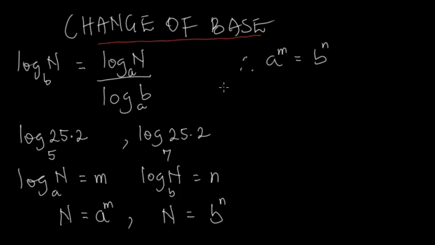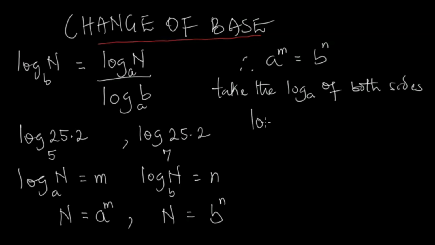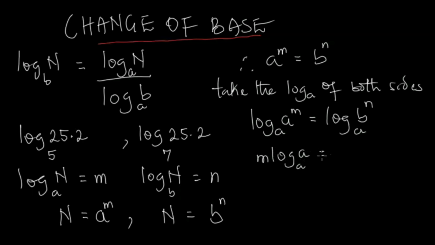So next step is to take the log base a of both sides. So we're going to have log base a of a to the power of m equals the log base a of b to the power of n. From one of the laws of logarithm, this is going to be m log a base a equals n log b base a.